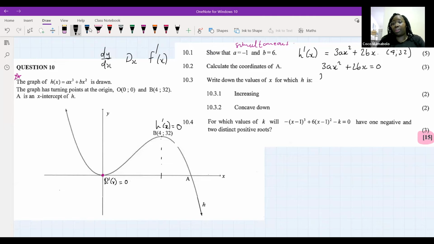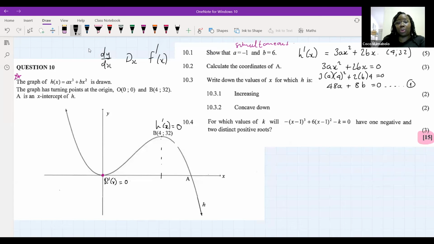So we'll have 3 times a, yes, correct, Pinga, that's it, times 4 squared plus 2 times b times 4 is equal to 0. If we clean this up, that is 16 times 3, that's going to give us 48a plus 8b is equal to 0. We're going to name that equation 1.